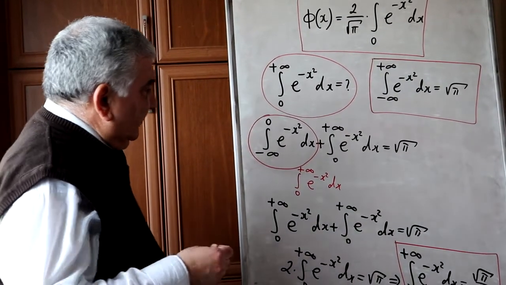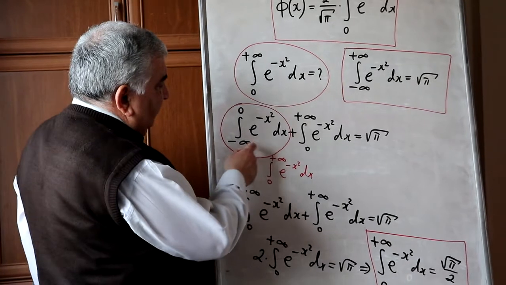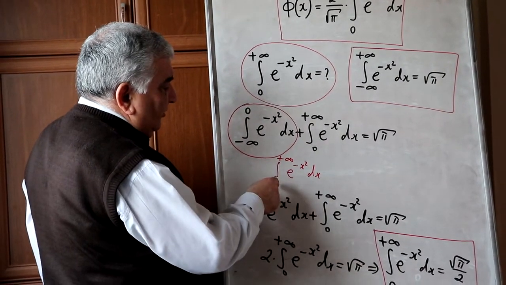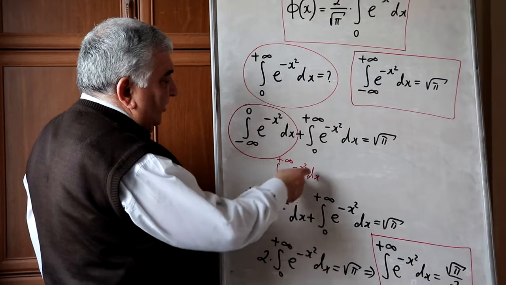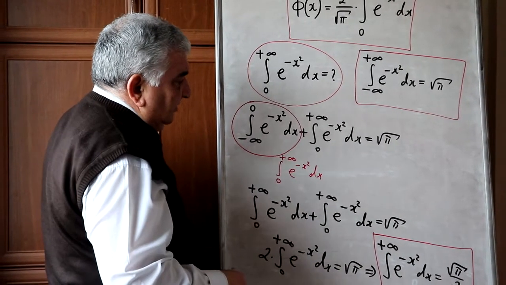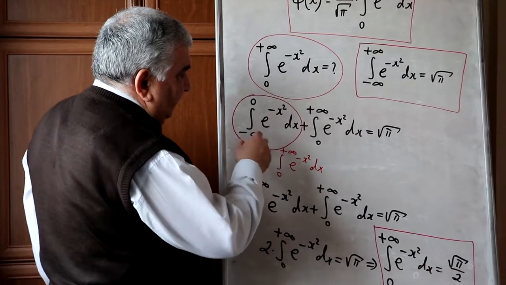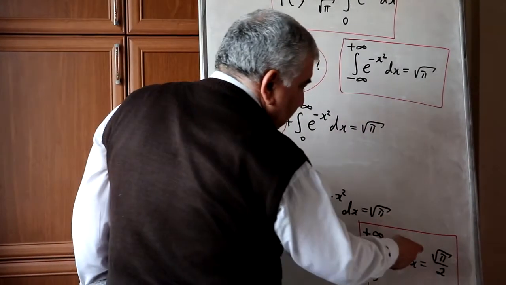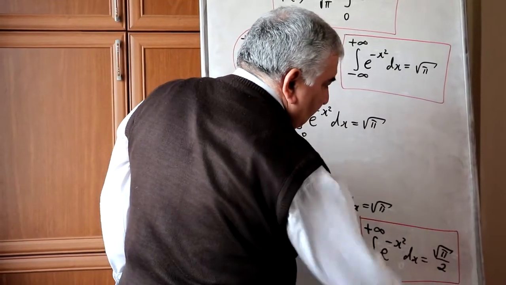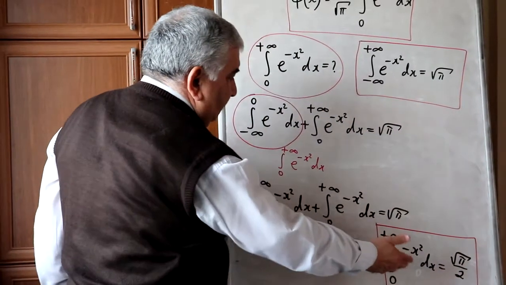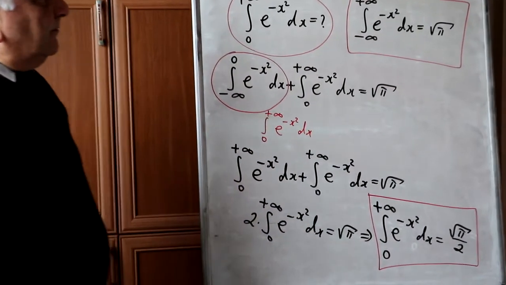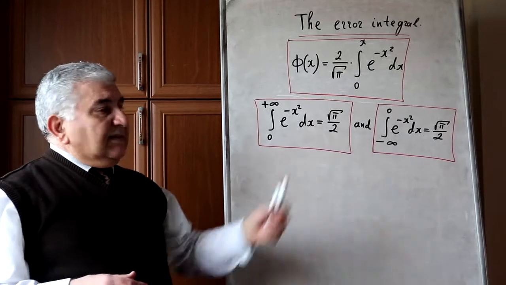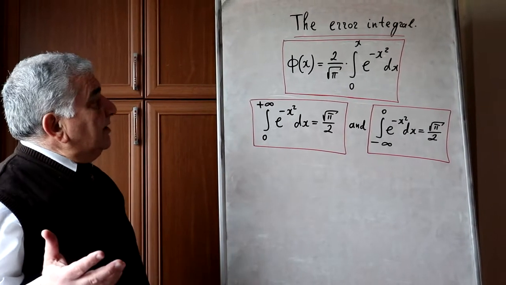The first result is that the integral from minus infinity to 0 is equal to the integral from 0 to plus infinity of the same function, and each of these integrals is equal to the square root of pi over 2. Then use the obtained results for the properties of the error integral.